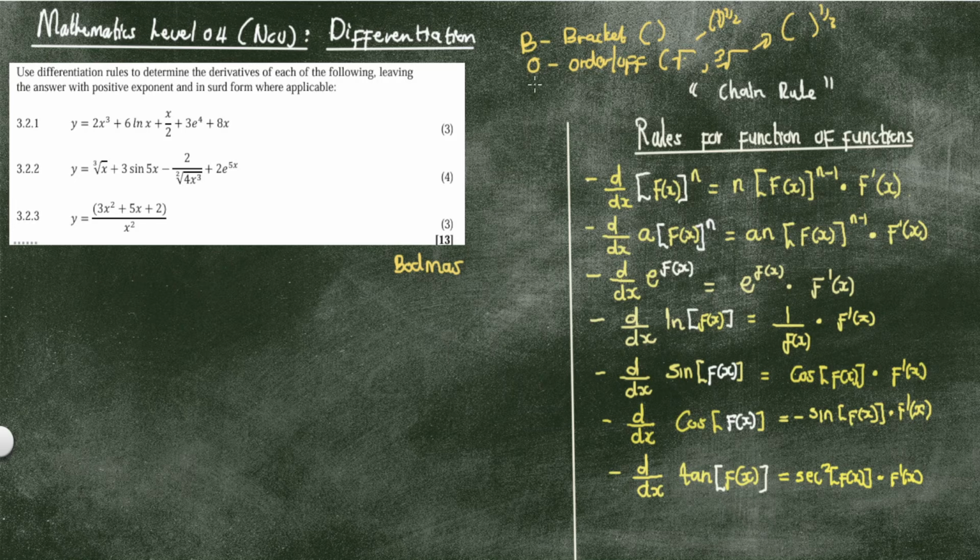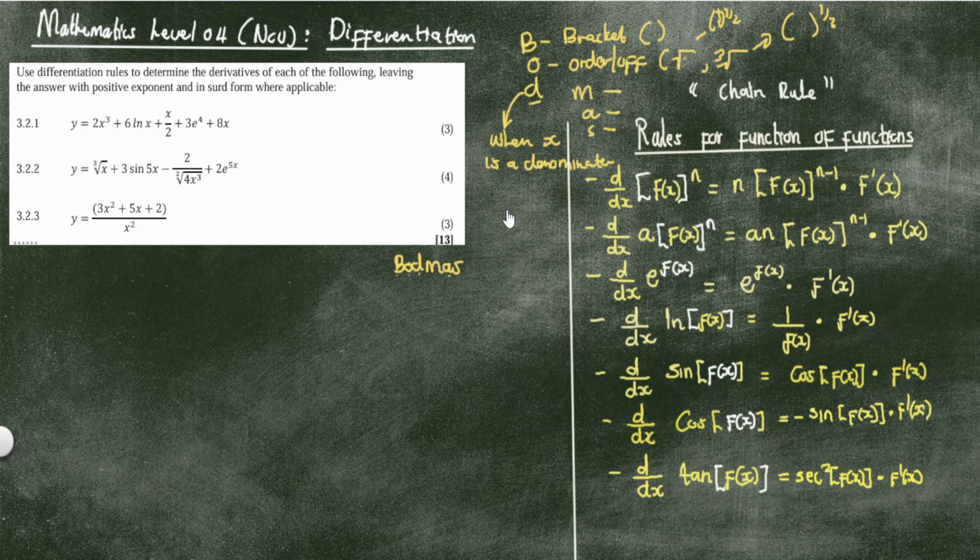Then D is division, which simply means that x is a denominator. Then M multiplication, A addition, S subtraction. So BODMAS says start by solving brackets, then order, division, multiplication, addition, and subtraction.